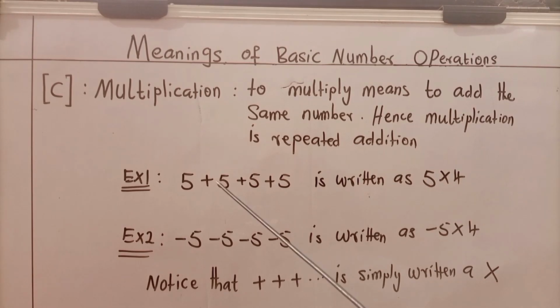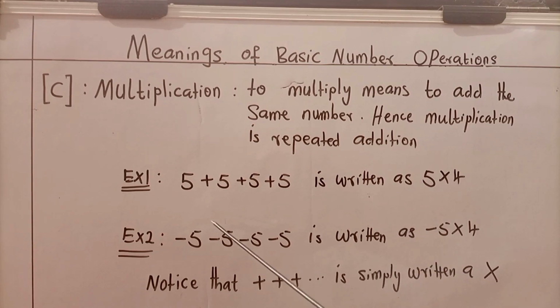Don't forget that this is written also in this form for convenience. Here, it is what we have that is multiplying. What it means is that it is 5 that we have that we are adding to itself. That means we have 5, we have 5, we have 5, we have 5. We don't have interest in what the result turns out to be. Our interest is in this repeated addition of the same number.